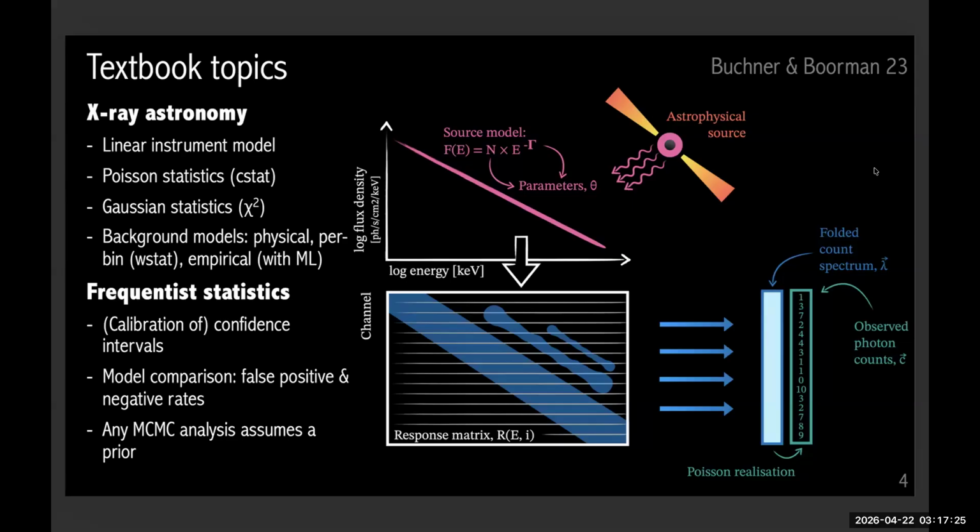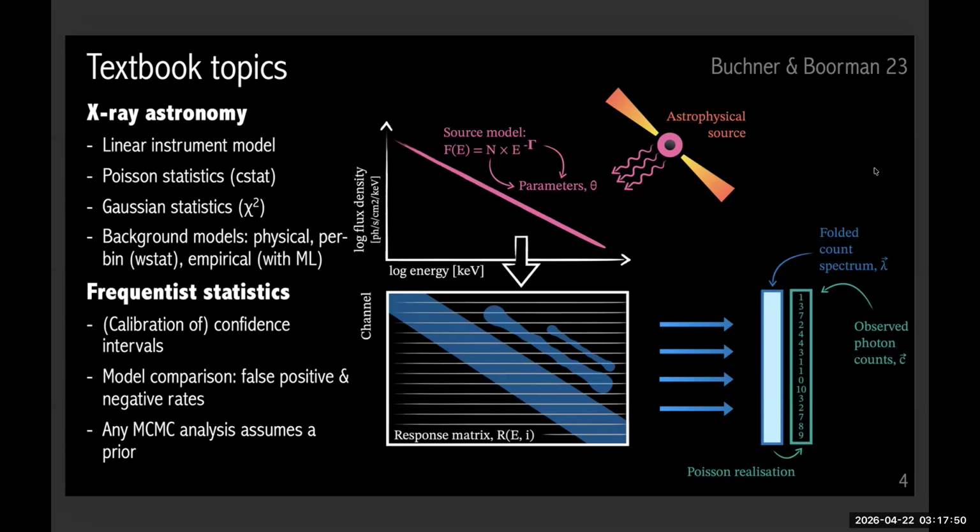This allows you to take advantage of true CSTAT statistics and likelihoods. We then cover frequentist statistics, including how confidence intervals are calibrated. So the idea is that if you assume you observe the ground truth, then 68% of the time, 1 sigma uncertainty regions will cover that truth, and how that's typically calibrated.